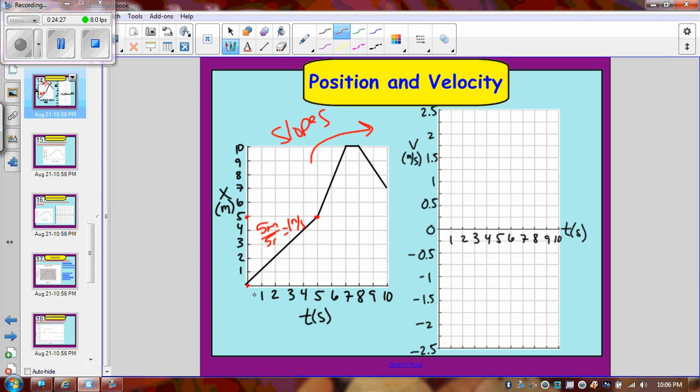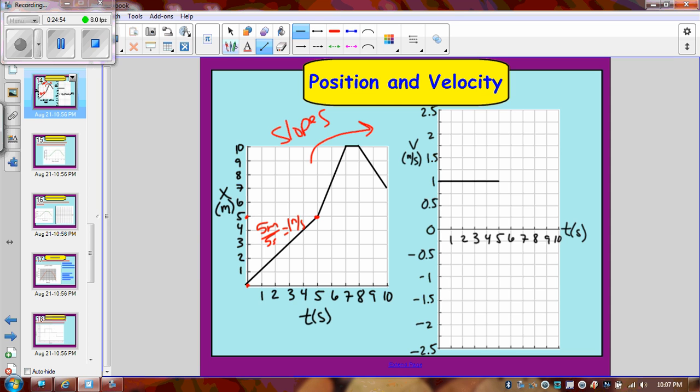So that means for the first 5 seconds, the object is going at a constant 1 meter per second. So I'm going to show that by going over here, and at the positive 1 meter per second, I'm going to draw a horizontal line to 5 seconds. Once again, a horizontal flat line in a velocity versus time graph does not mean the object is not moving. It means it's going at a constant velocity.